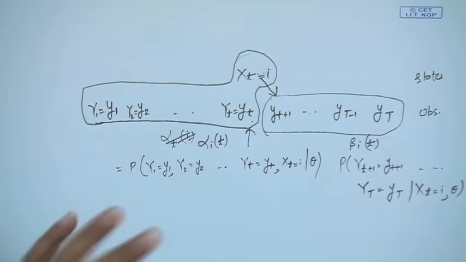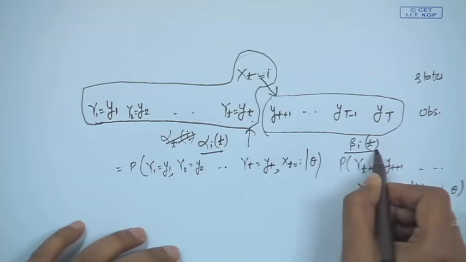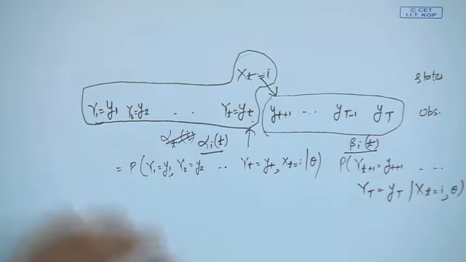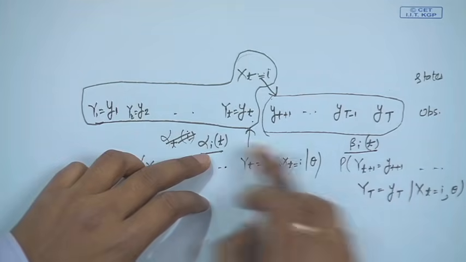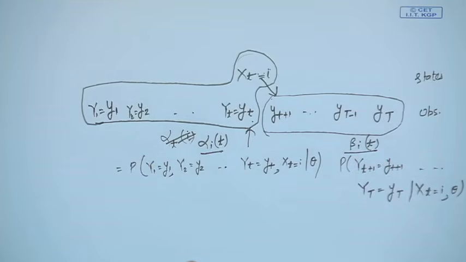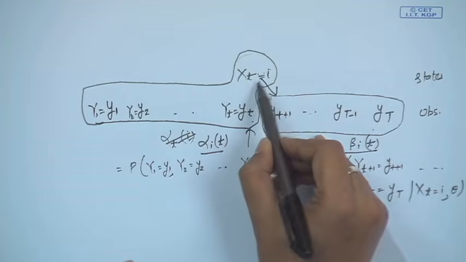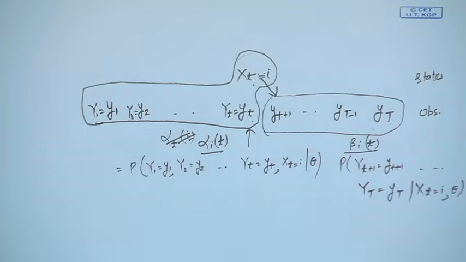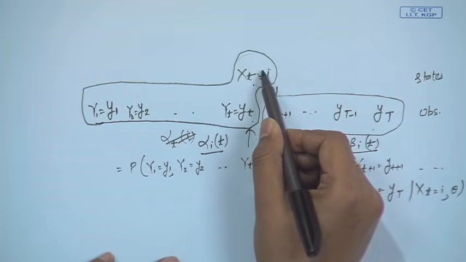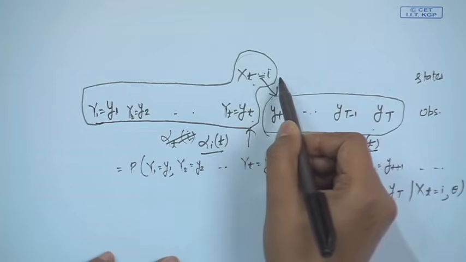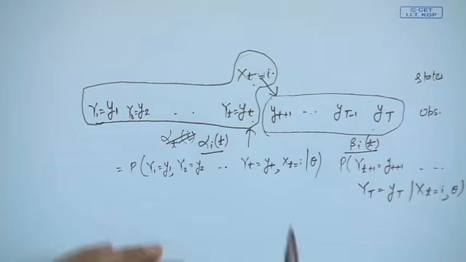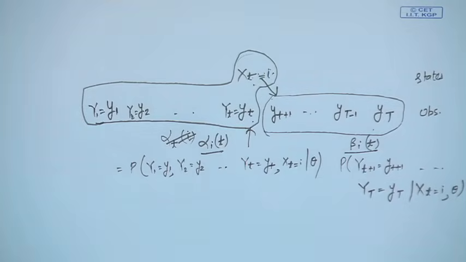Now, why do you actually compute this alpha it and beta it? How does that help? Now I have these probabilities. I can simply multiply these alpha it times beta it to get the probability that I observe this sequence and the ith state. Okay? And to actually compute the probability of saying that at the tth time point the state was i, I can marginalize over all the possible states that can happen at time t.